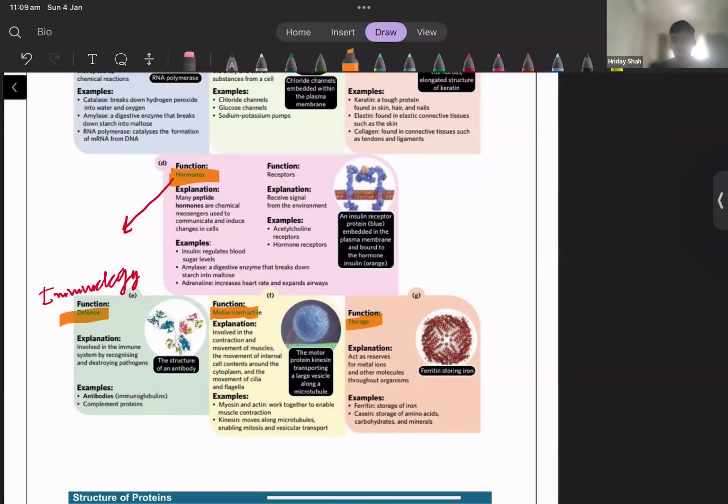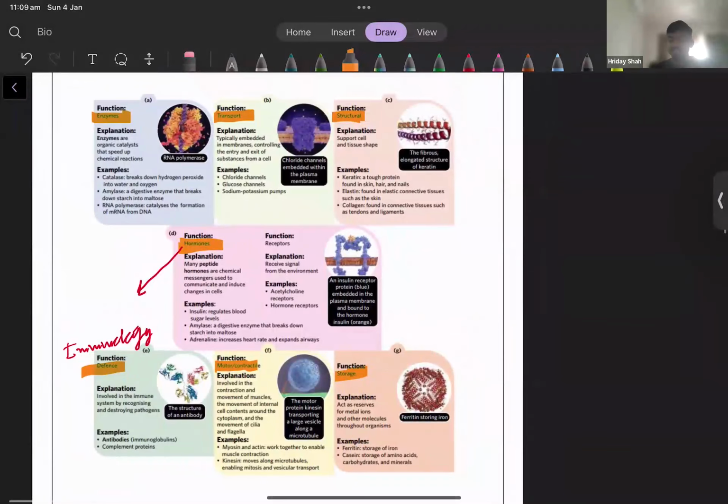And lastly, storage. Again, pretty self-explanatory, right? This just stays in one spot in the body and stores something. A really good example of this is iron. Probably one of the more common molecules that would be stored.